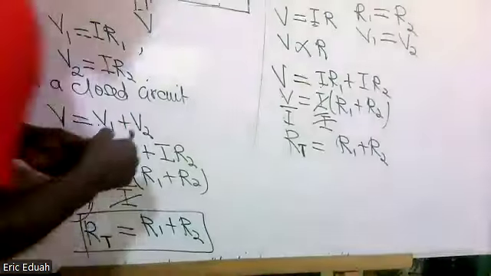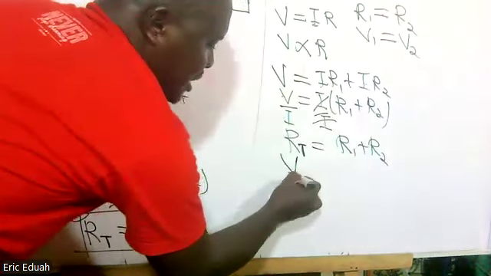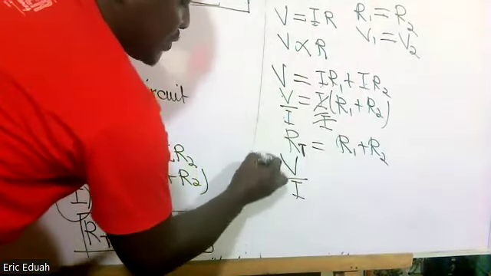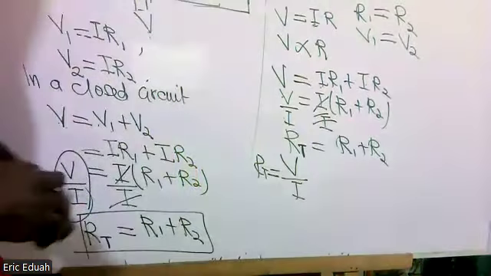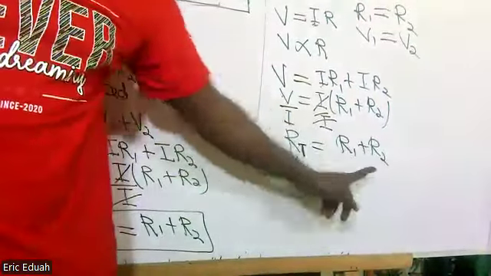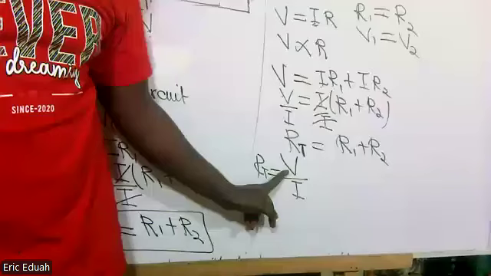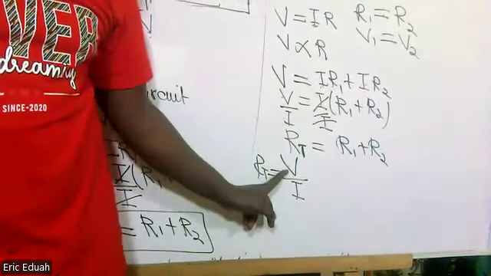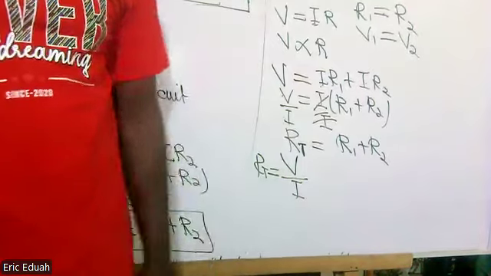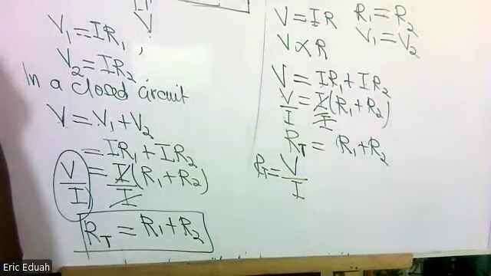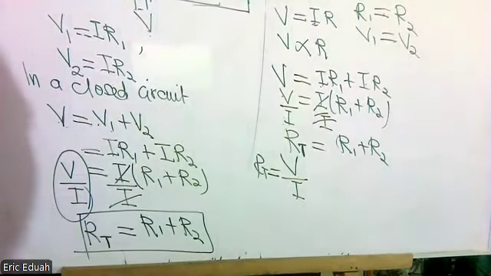Or divide the source voltage by the current flowing through the circuit. So either RT is equal to R1 plus R2, or source EMF divided by the total current. Immaculate, are you okay? Yes, please. Thank you.